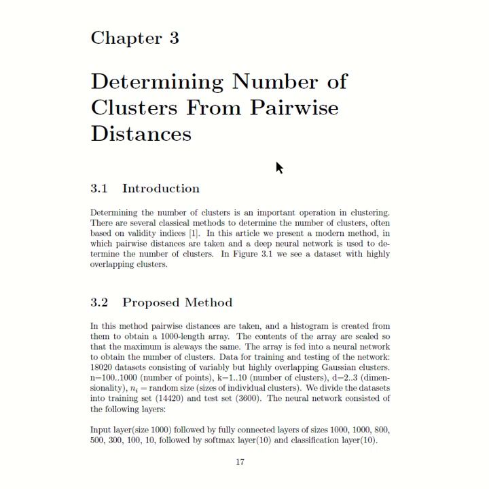It is normalized so that the values are from 0 to 255. This from technical reasons. It doesn't actually matter if these are normalized or not, but here we have normalized those, and we have totally 18,020 data sets consisting of variable but highly overlapping Gaussian clusters.